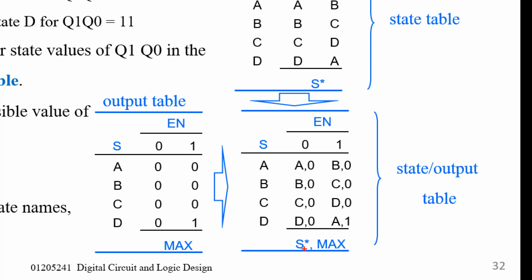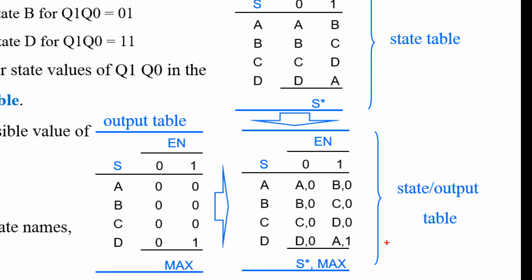For example, if you want to know the next state, you focus only on this column which shows the next state value.